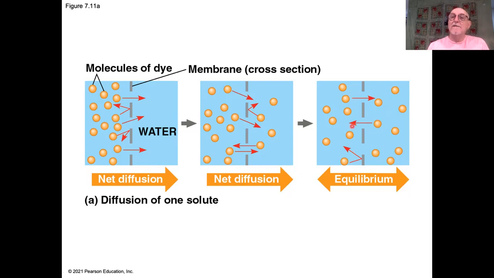Because if I move one across here, I've increased the concentration here and I've lowered the concentration there, and the system will even it out by diffusion. And so when the system reaches equilibrium, as many molecules as pass in this direction will pass in that direction there.